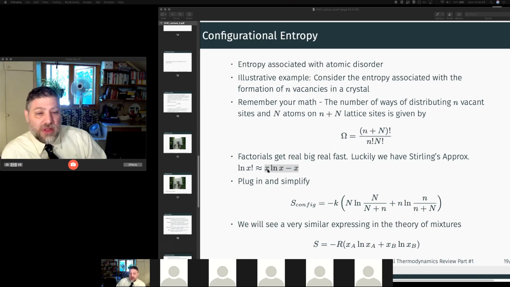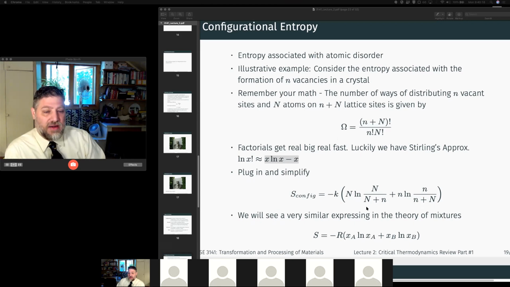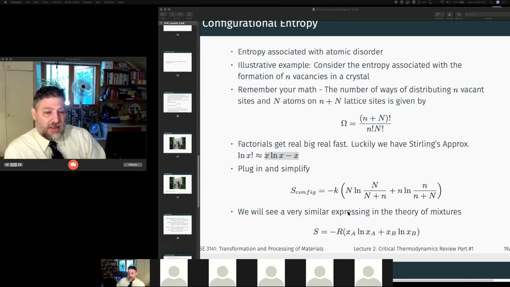Okay, so if we plug Stirling's approximation into our configurational arrangement here, and do a little simplifying, we see an expression that looks like this. This is the natural log of our configurations, times Boltzmann's constant.